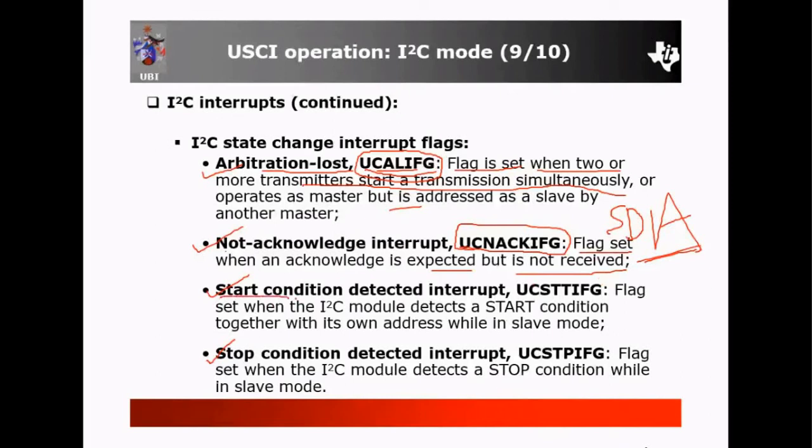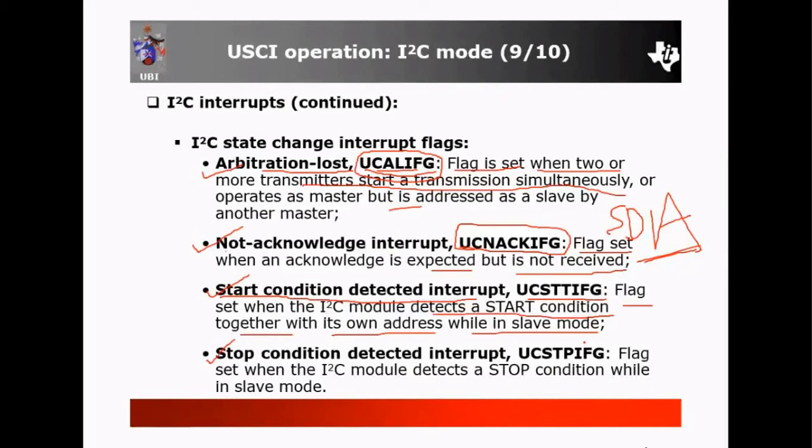Now the next is the start condition detected interrupt, that is UCSTTIFG. This flag is set when the I2C module detects a start condition together with its own address while in slave mode.